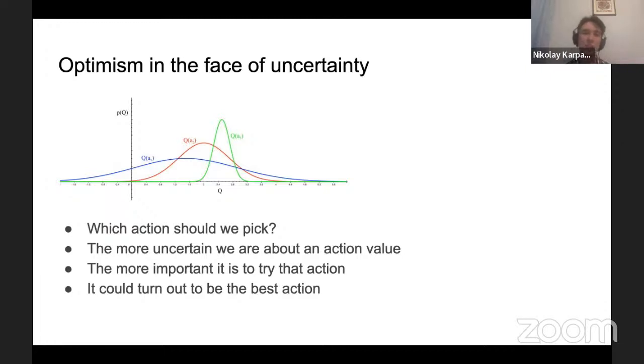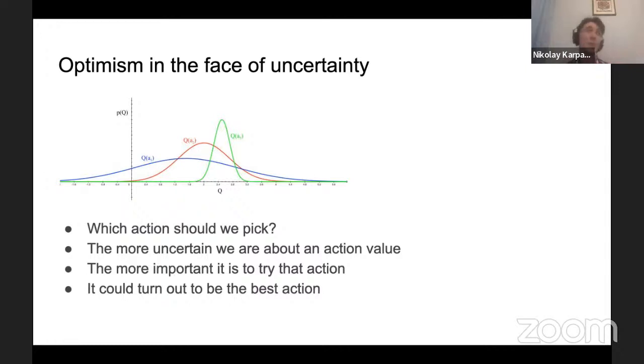So the highest entropy basically means that the uncertainty in this distribution is the highest across the different distributions. So for example, here, the uncertainty and the entropy of the distribution is the highest in case of the blue plot.